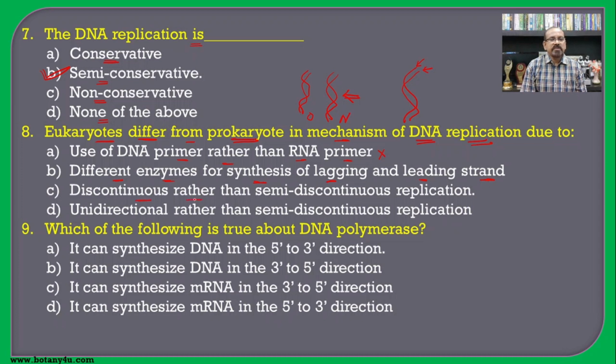Discontinuous rather than semi-discontinuous replication? In eukaryotes there is discontinuous DNA replication, as there are exons and introns, which are absent in prokaryotes, and hence C is the correct answer.